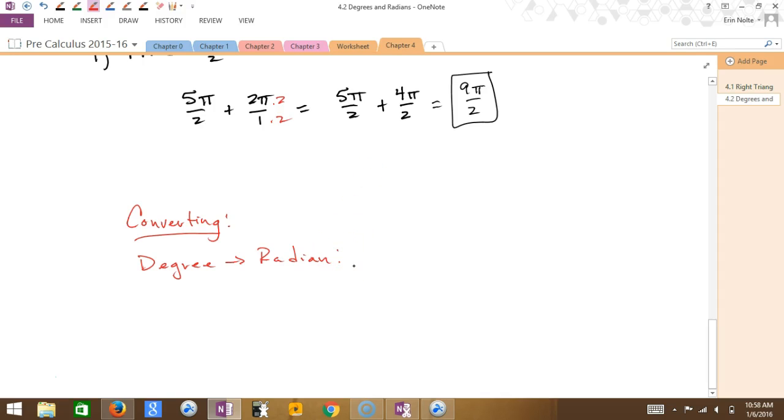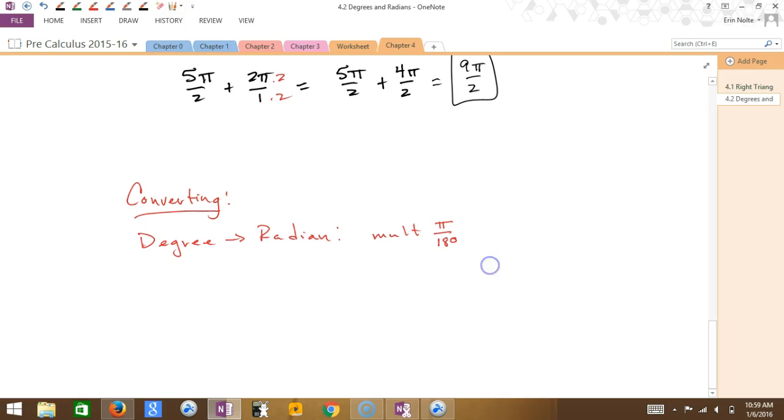If you're going from degrees to radians, all you have to do is multiply by its equivalent ratio, which is pi over 180. Because pi is equal to 180, or you could technically say 2 pi is equal to 360, that would be the same, but this is more reduced.